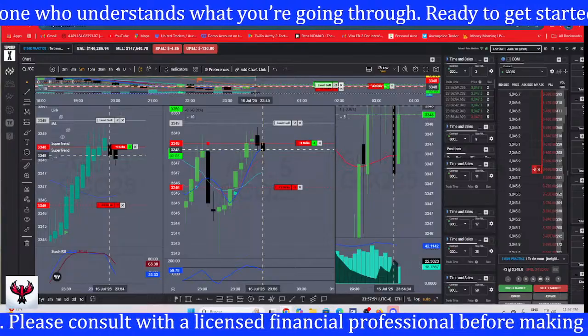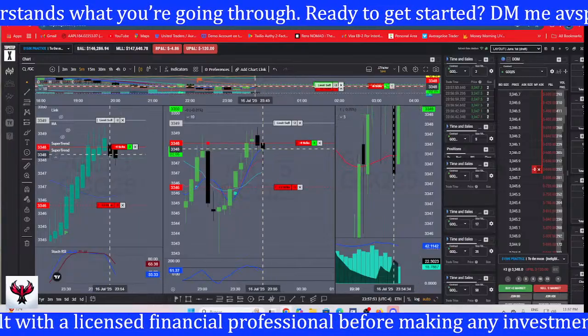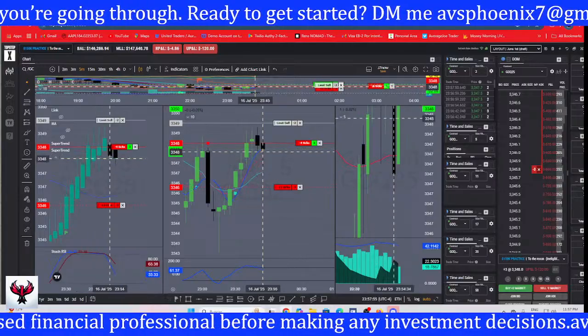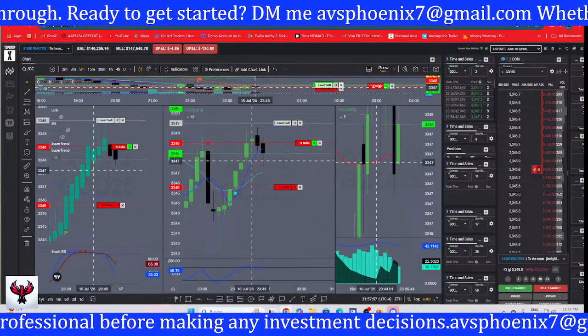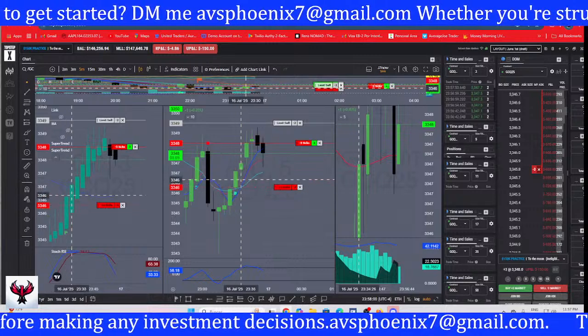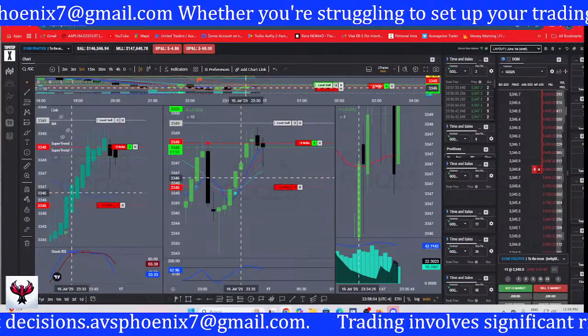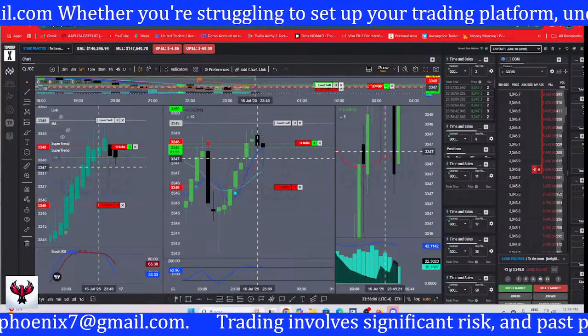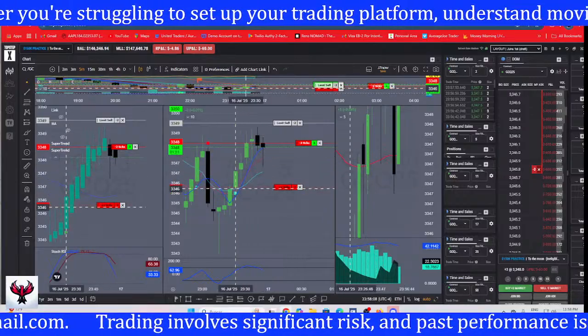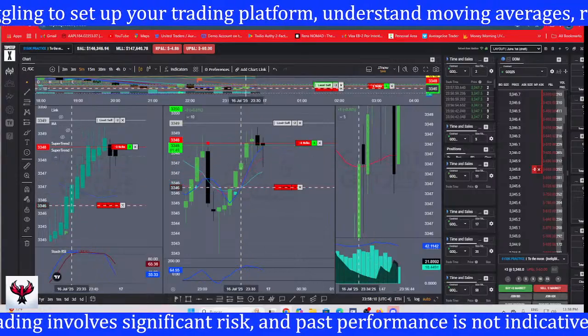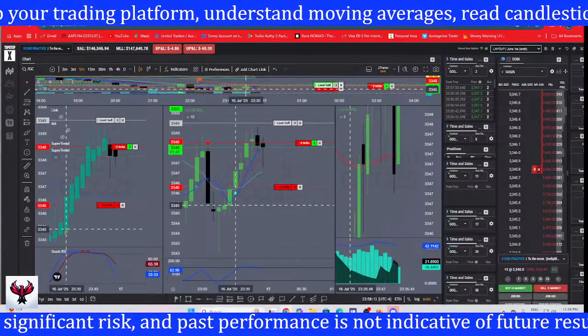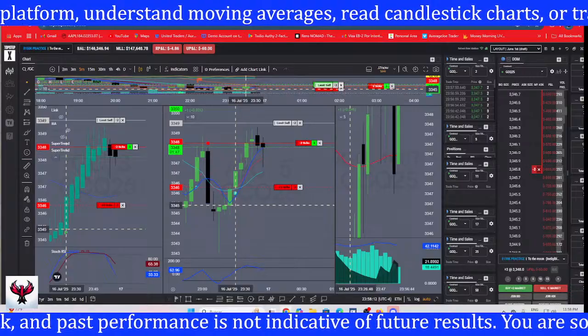It's about to close above the 5. Where have these candles closed or rebounded from? They have rebounded from the 5, the 8, and the 13, on the 13.